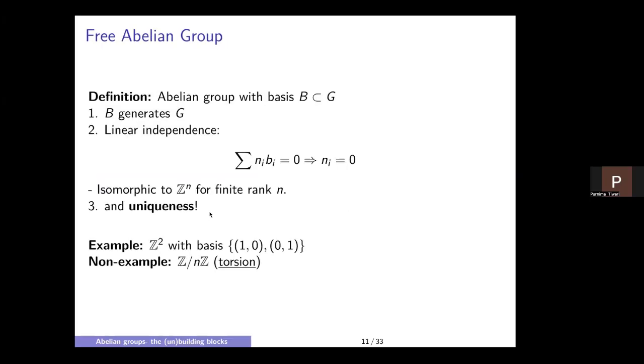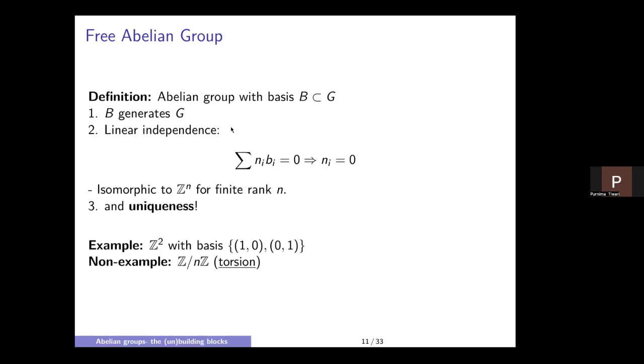Now, a free abelian group. An abelian group with a basis B subset of G. We had defined a free abelian group before this too, and we had mentioned that it must have a basis B, which is a subset of the group itself, such that B generates G and the linear independence property holds.